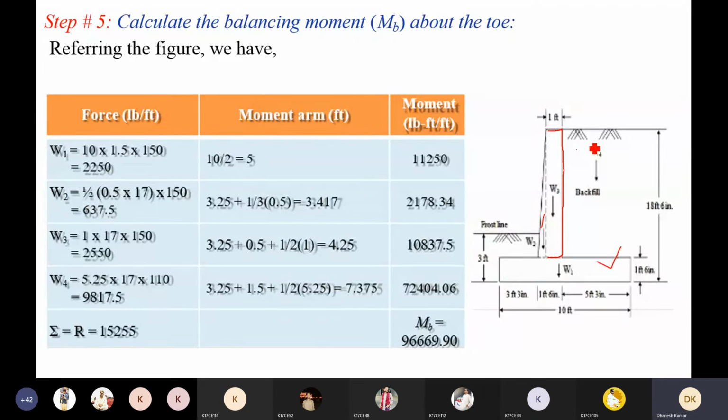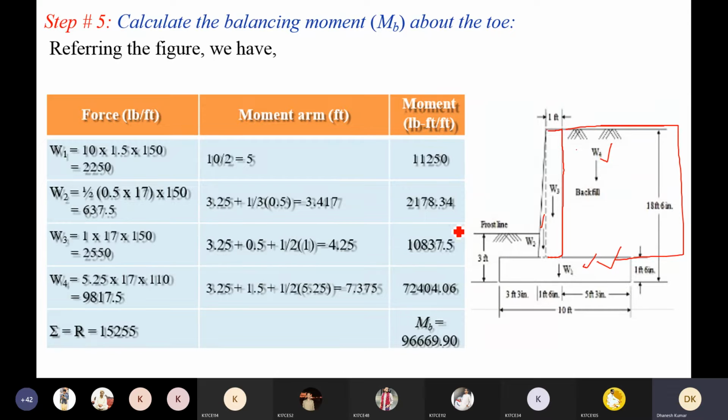Now you have to first calculate the weight or the force of each section, and then multiply it by its lever arm or moment arm in order to calculate the moment of each section, and then add all these moments to get the balancing moment. So let's calculate W1.